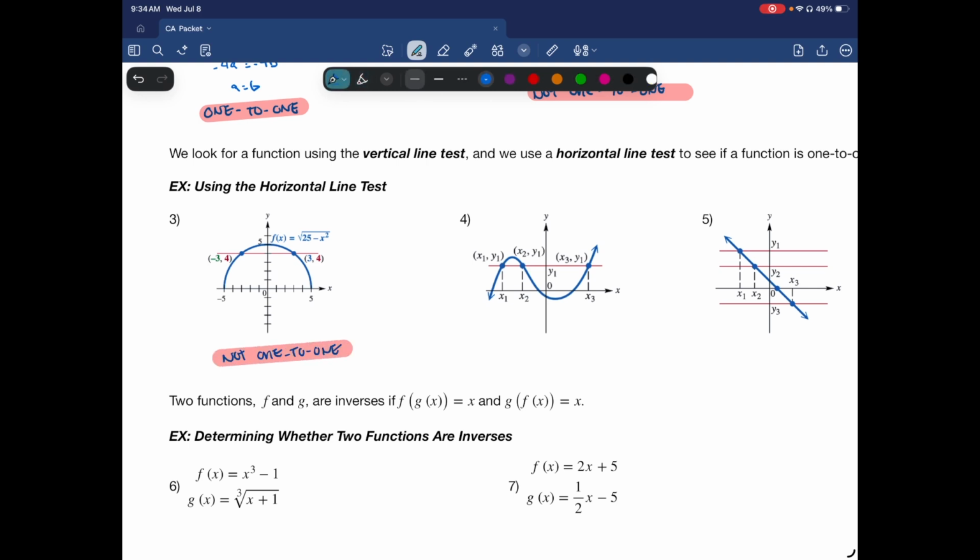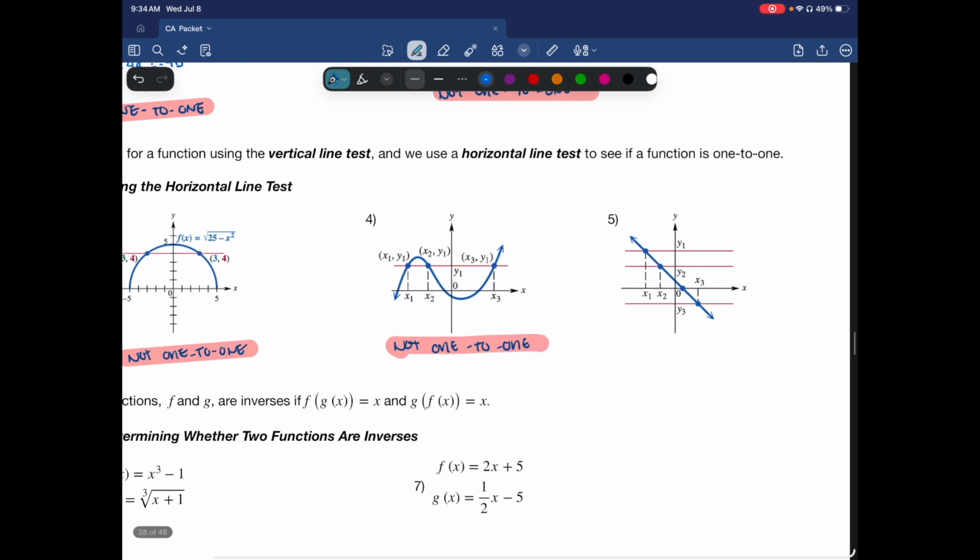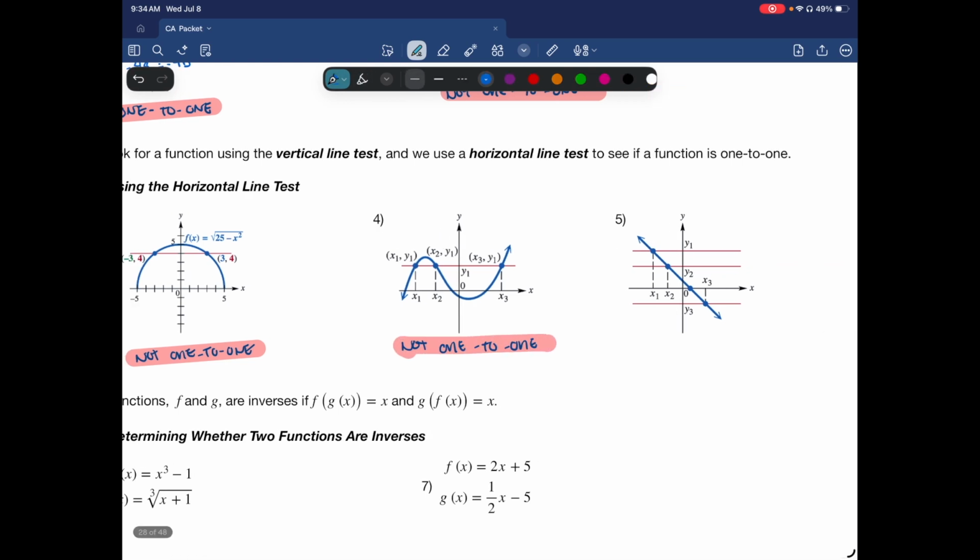On 4, it passes the vertical line test, but it would fail the horizontal line test, so this is not one-to-one. On 5, it passes the horizontal line test, so this is one-to-one.